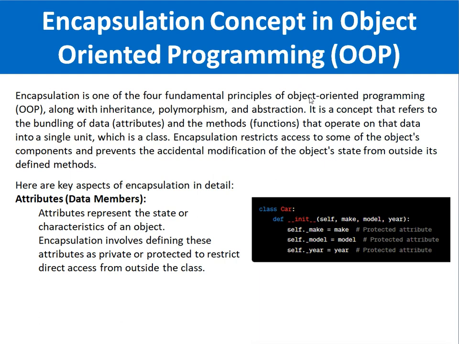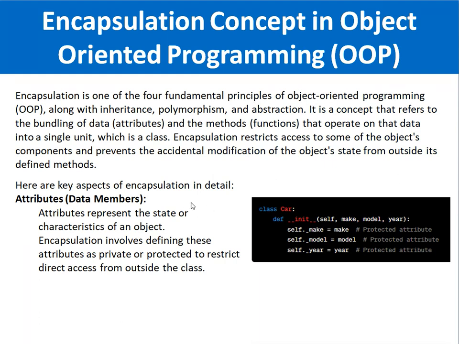A car has other functions, for example, it can start, it can brake. So these are the attributes and the methods. Encapsulation defines how you can provide access to the data and methods to other objects of the classes, and only the necessary things should be provided, and if it's not necessary, you can hide it.